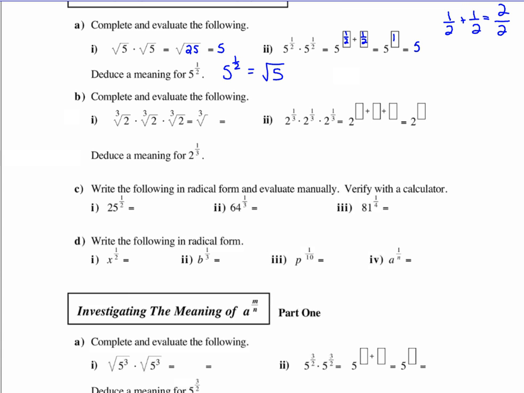Cool. Okay, so cubic root of 2 times cubic root of 2 times cubic root of 2 is equal to cubic root of what? 2 times 2 times 2, 8. And what is the cubic root of 8? 2.